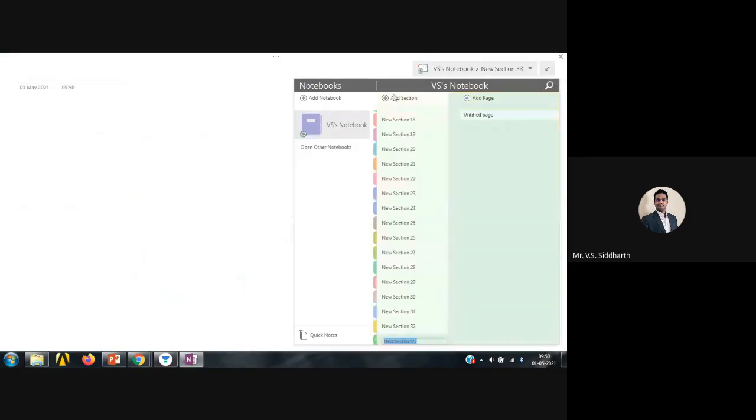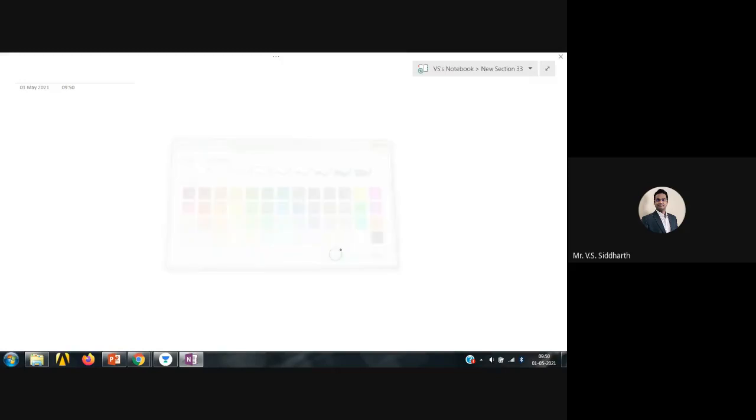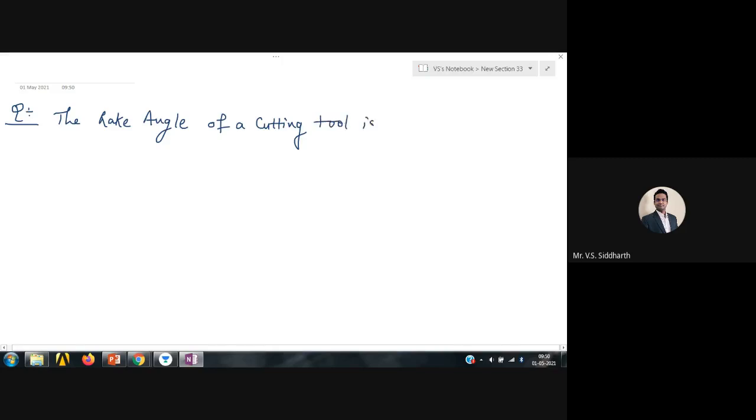I'm moving on to the next page and writing the question. The rake angle of a cutting tool is 15 degrees. Shear angle is 45 degrees.